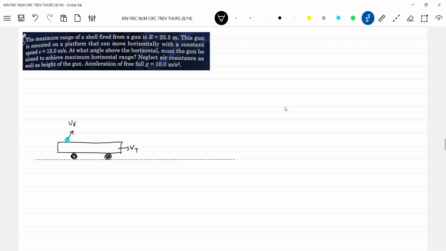At what angle above the horizontal must the gun be aimed to achieve maximum horizontal range? The maximum range of a shell fired from a gun is R equal to 22.5 meter. This gun is mounted on a platform.